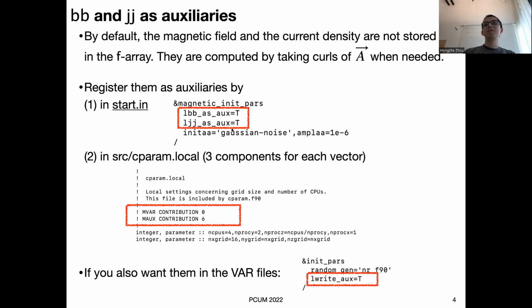In this case, I am turning on both bb and jj, so I need 6 extra auxiliaries, because bb needs 3 as a vector, and we have 2 vector fields, so that's 6 in total. Even if you turn on those 2 switches, they will not be written into the var files. If you want that, you also need to say lwrite_aux as true in start.in.